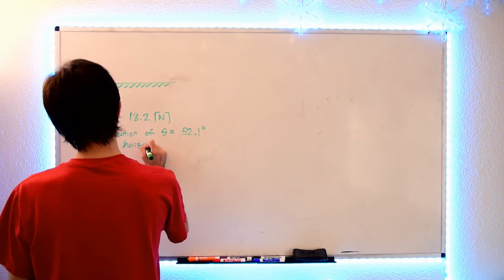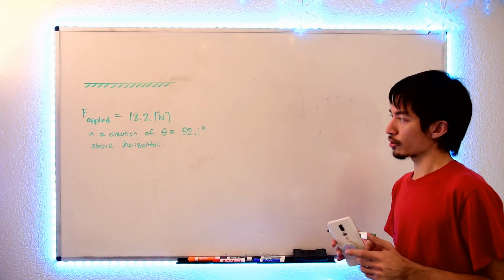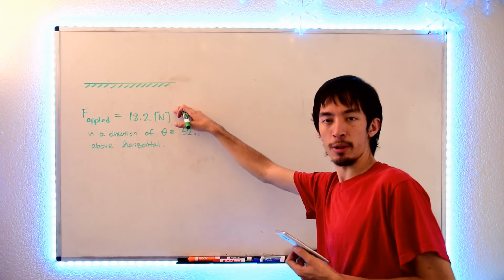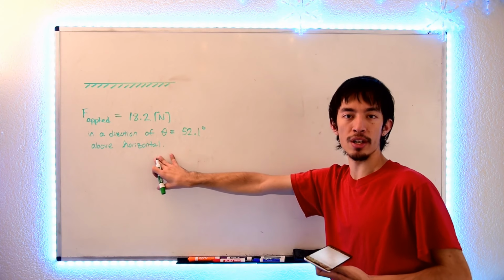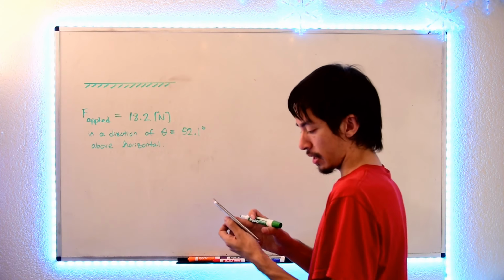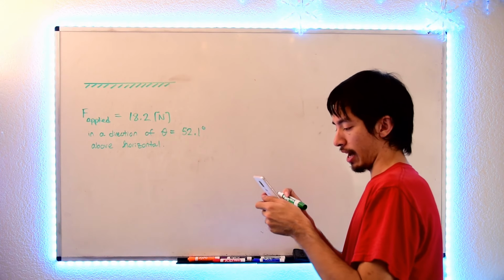Okay. So we're given how much force is applied by the person, and we're given what direction they apply it, in this case above the horizontal as opposed to below it. How much work is done to push the cart 1.95 meters?